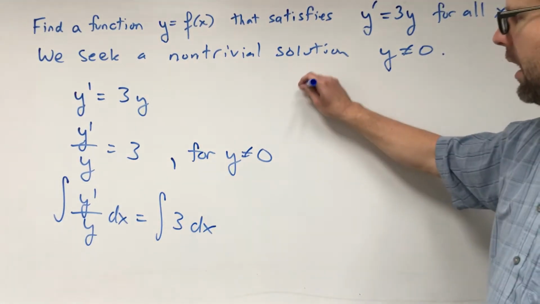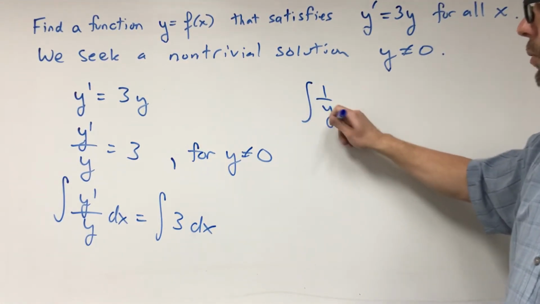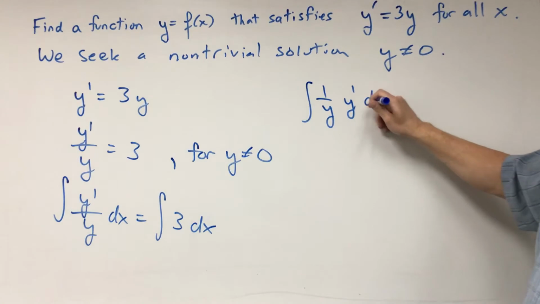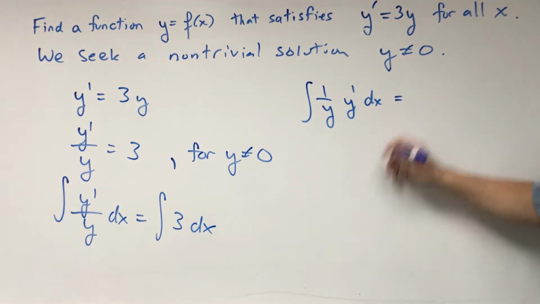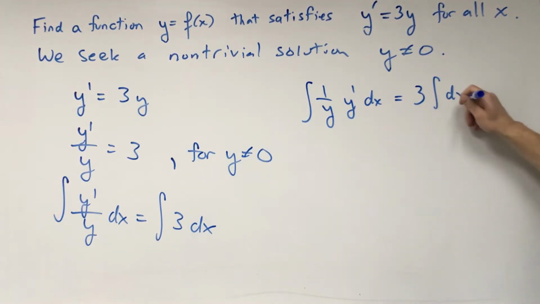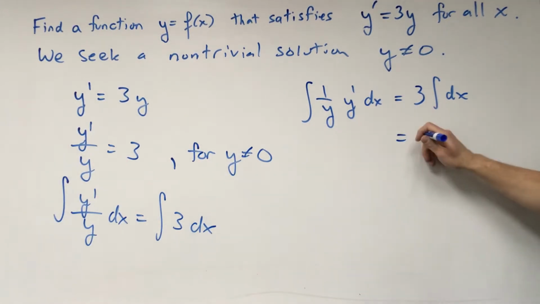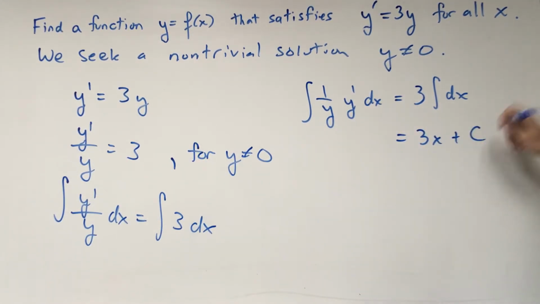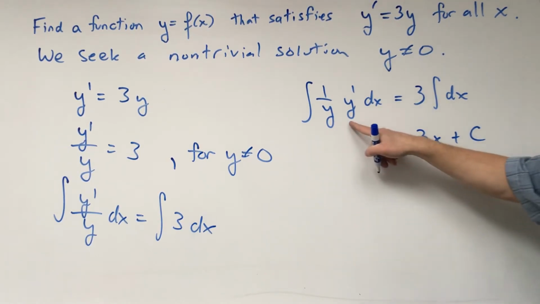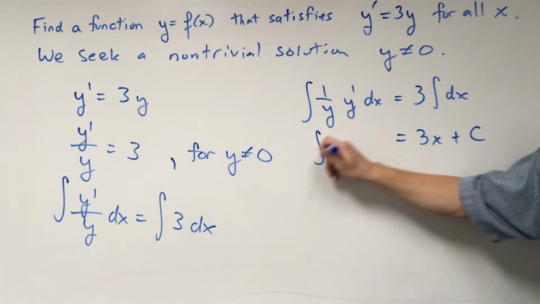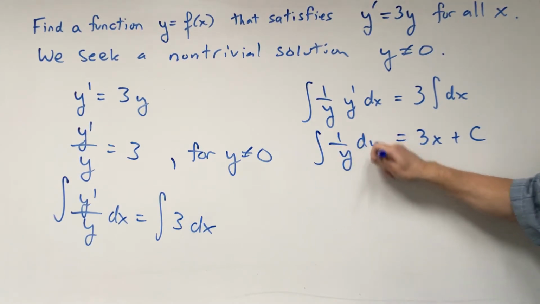On the left-hand side, I can rewrite that as the integral of 1 over y times y prime dx, and on the right-hand side, I can factor out a 3. So on the right, we have a very easy antiderivative. Don't forget the arbitrary constant, so here I have plus c. On the left, if you watched the previous video in which we reviewed substitution, that y prime dx is the same thing as dy.